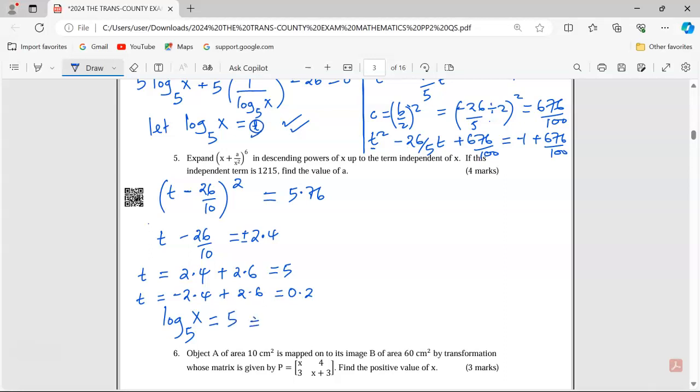So this implies that we can change the logarithm expression into index notation such that 5 raised to power 5 is equivalent to x. This means the value of x is 25. 5 raised to 5, sorry, not 25. That is 3125.